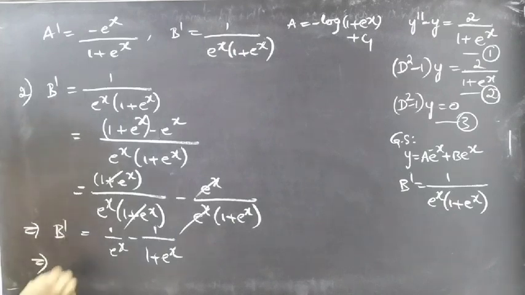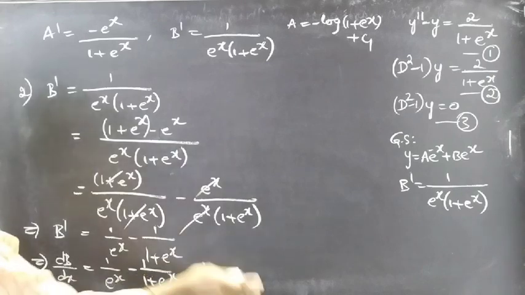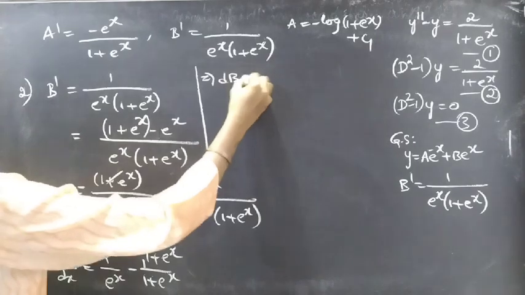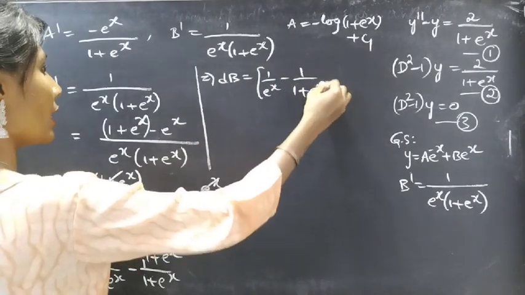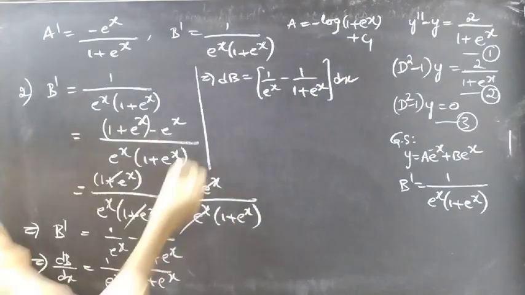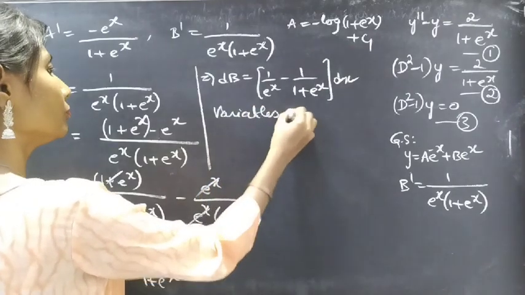We can write b' as the derivative of B with respect to x, and here we need to separate the variables, so we'll take the differential dx to the RHS, then we'll get dB = (1/e^x - 1/(1+e^x)) dx, right? Here the variables are separable, so we can perform integration.